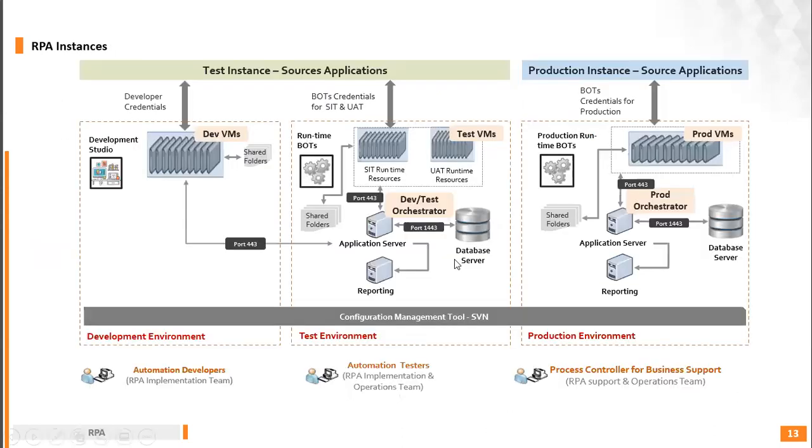This is a very high-level component. What you have to understand is that, very much on the high level, you don't have to go in depth into it. Once we go in depth into RPA, you will understand this setup.